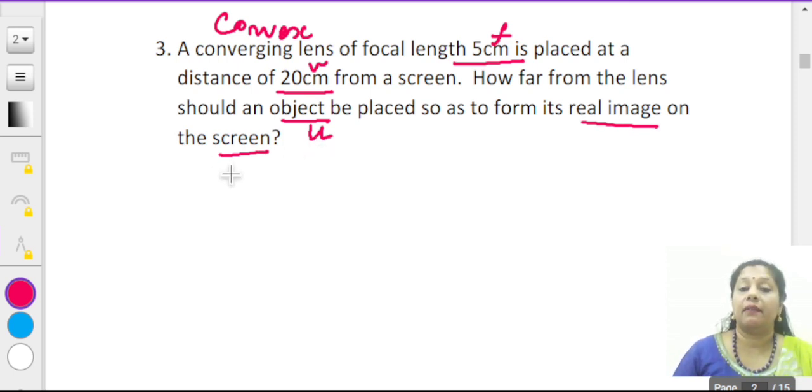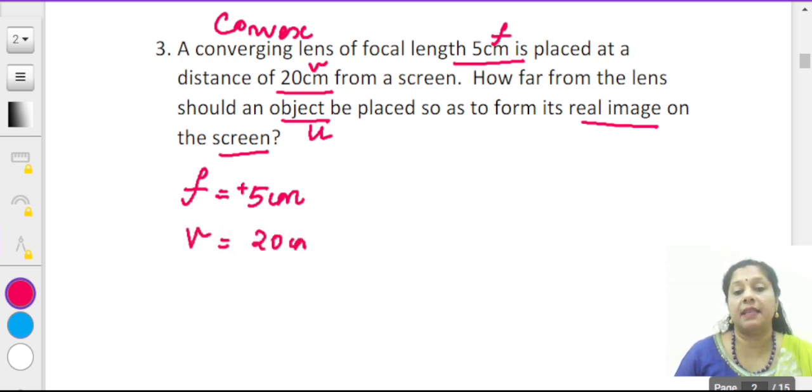So here we have to find out U. F is given, F is equal to 5 cm. Since it is a convex lens, it is positive only. Whereas V is given, that is 20 cm. We know in the case of convex lens, real images are formed on the other side of the lens, so it will be positive.